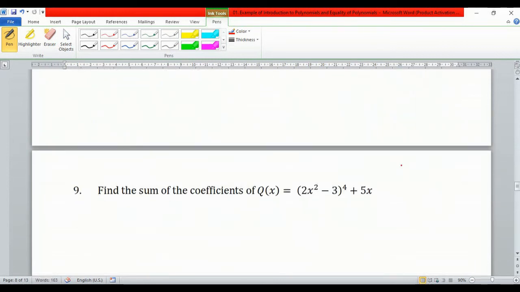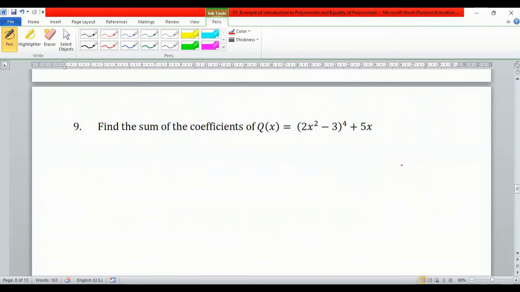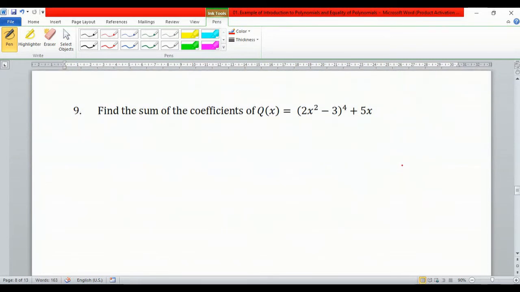Another example is you need to find the sum of the coefficients of the polynomial 2x squared minus 3 power 4 plus 5x. Remember that if the purpose is to find the sum of the coefficients, you need to change the variable with 1, and then you will get the sum of the coefficients. 2 times 1 power 2 minus 3 power 4 plus 5 times 1.